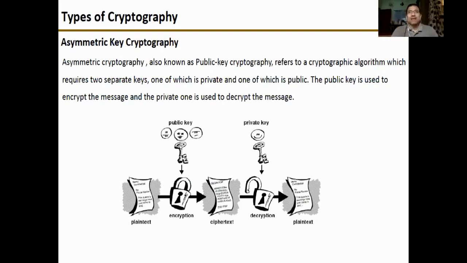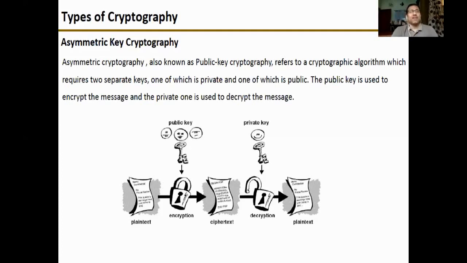In the case of asymmetric key, X and Y are not the same, and hence the name asymmetric, and hence the name public key. In the case of symmetric key, the key was only private between A and B. In the case of asymmetric key, there is a public key of A and there is a public key of B also. So if B wants to send a message to A, it has to encrypt with the public key of A, and vice versa. This is the way it works, and it works in a very safe manner.